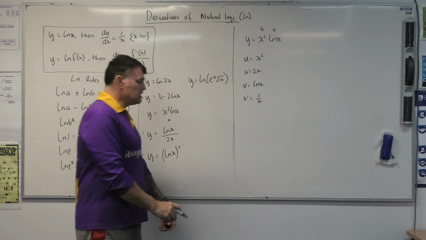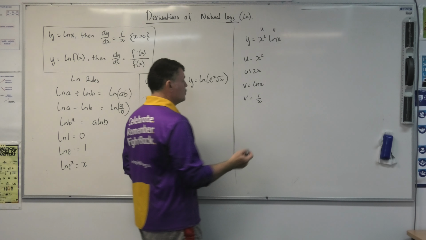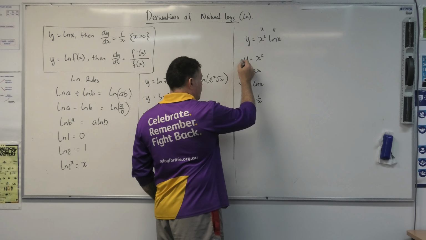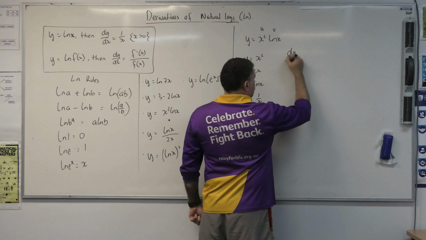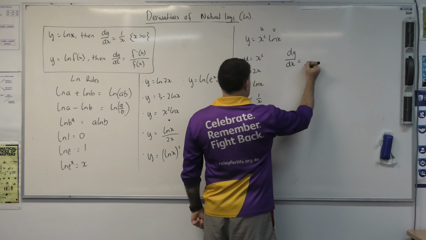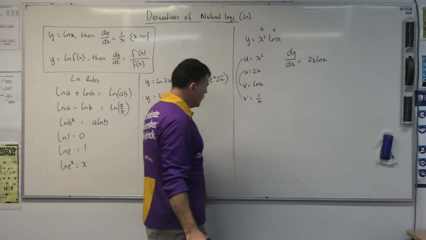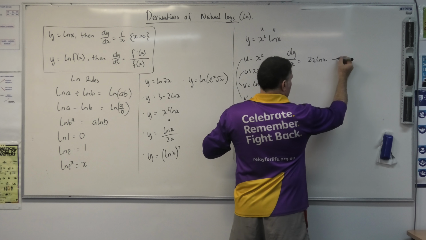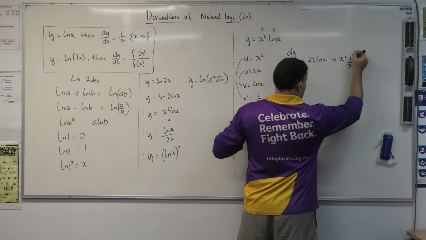So we know that we've got these types of calculations here. Let's now do our product rule. Remember, the product rule is the derivative of the inside times the outside plus the inside times the derivative of the outside. So dy/dx is equal to 2x ln x plus x squared times 1 on x.